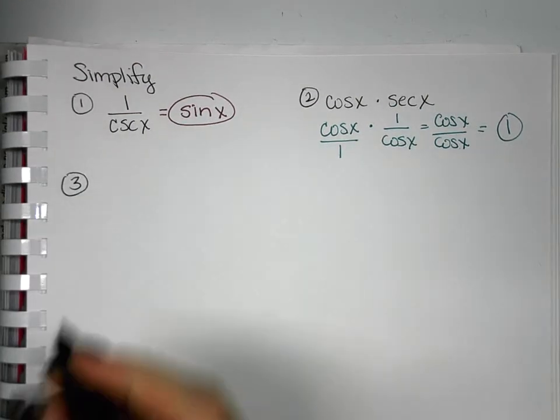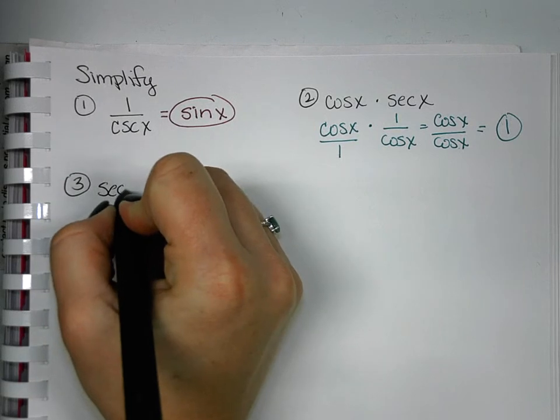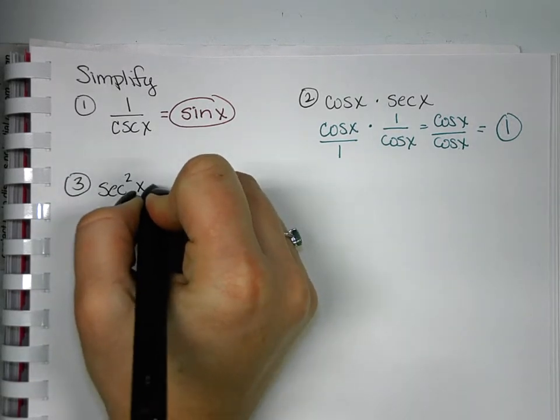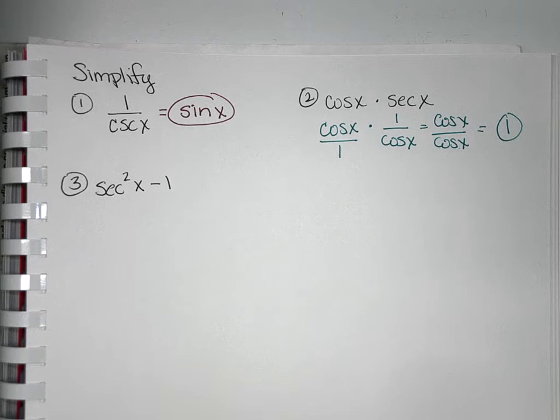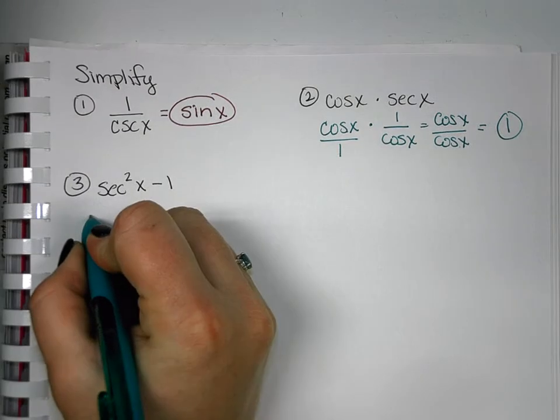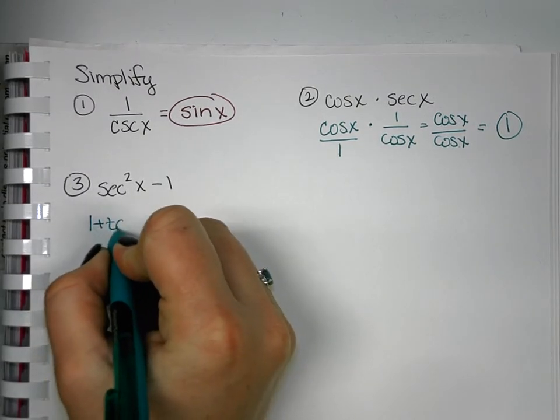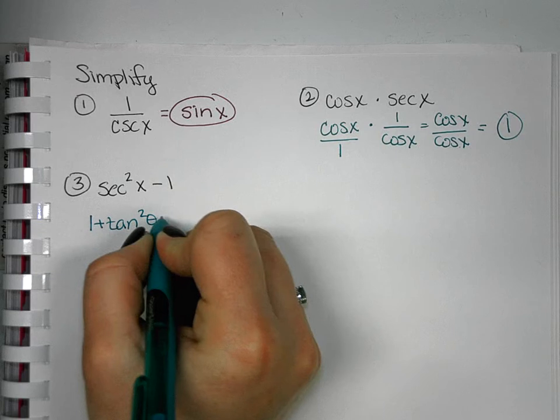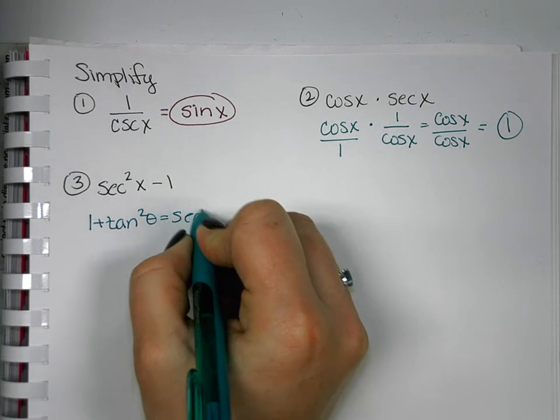Okay, the third one I wanted to do with you is secant squared x minus 1. What does that equal? So this is where we want to think about our identities and if we can get it to match one of them. This is actually one, if we look at the identity, 1 plus tangent squared theta equals secant squared theta.